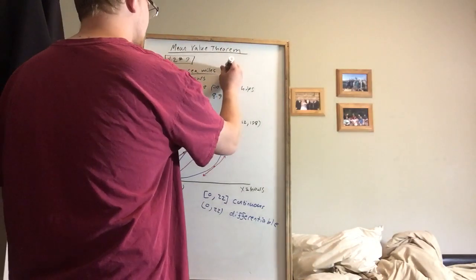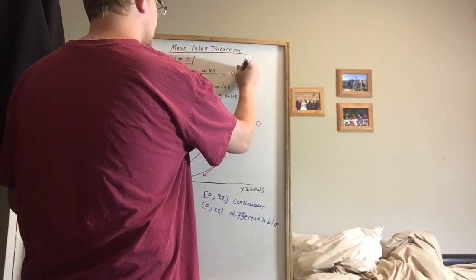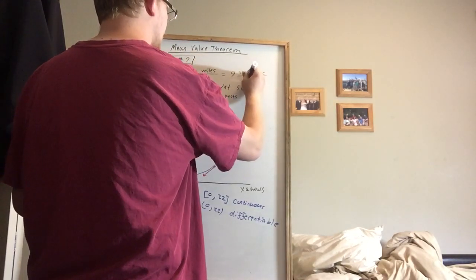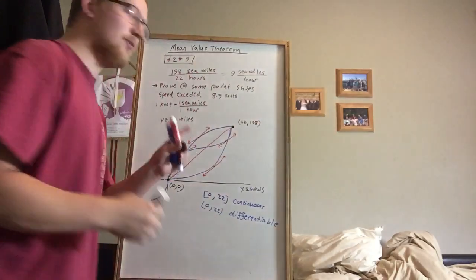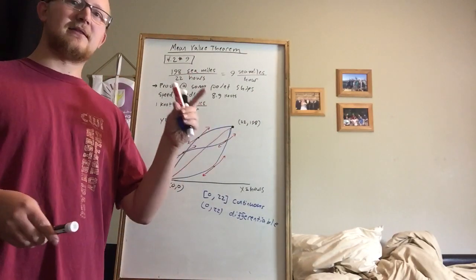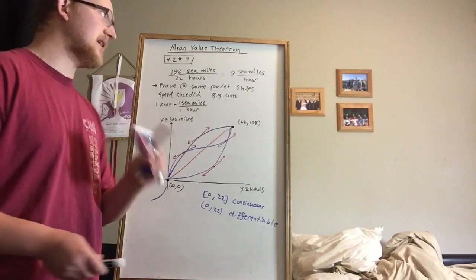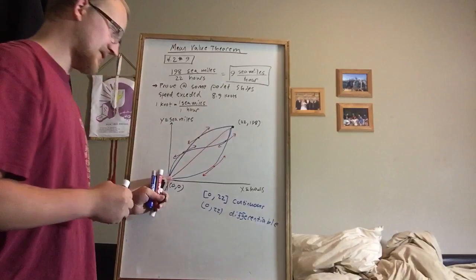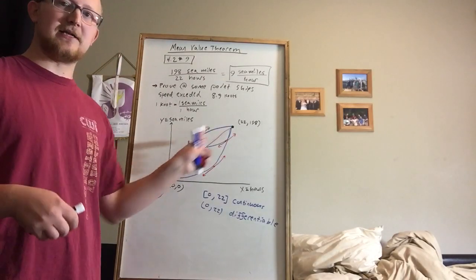So that is our speed, 9 sea miles per hour. And so we can prove using the mean value theorem that for every single possible path, at some point, the boat must be traveling at 9 sea miles per hour. Because that's what the secant line represents, 9 sea miles per hour.